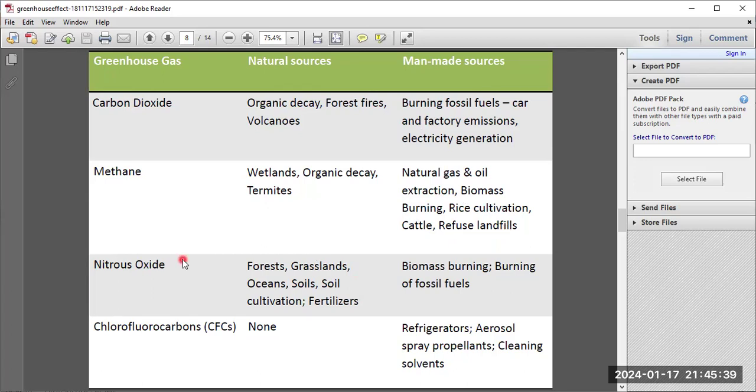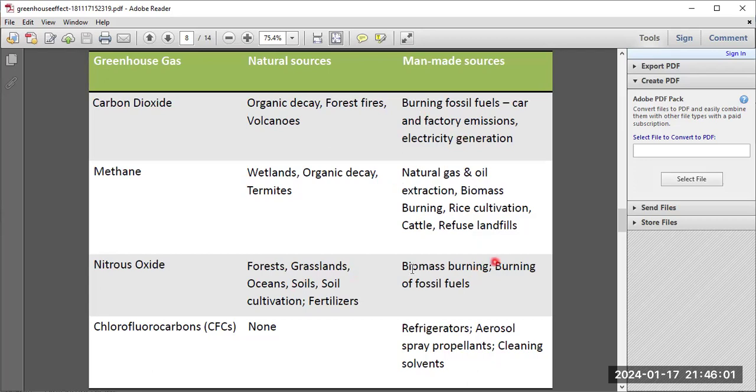The third gas is nitrous oxide. The natural sources are forests, grasslands, oceans, soil cultivation, and fertilizers. We can control some amount of the fertilizers, but we cannot control all the sources.